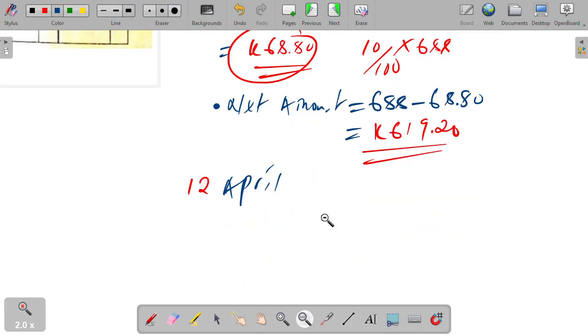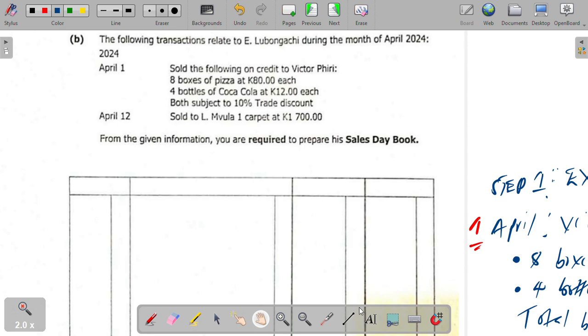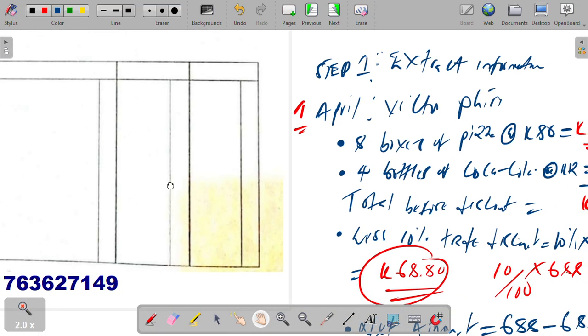Let's read what happened here on April 12th. Sold to El Mvula one carpet at 1,700. There was no trade discount, there was nothing. So we're actually going to record this amount the way it is.